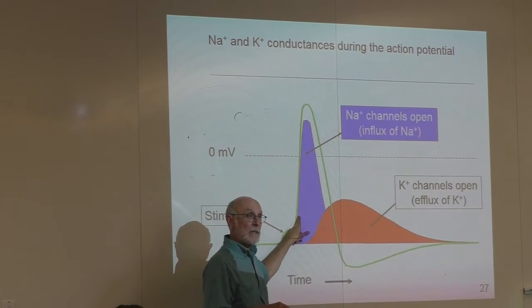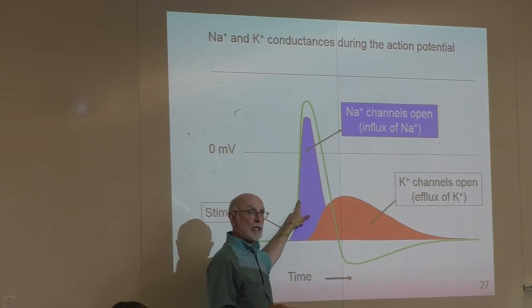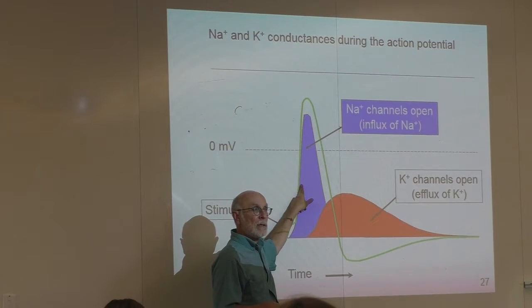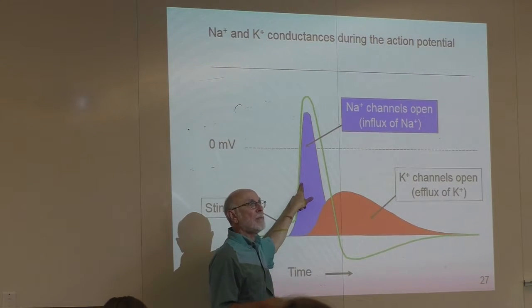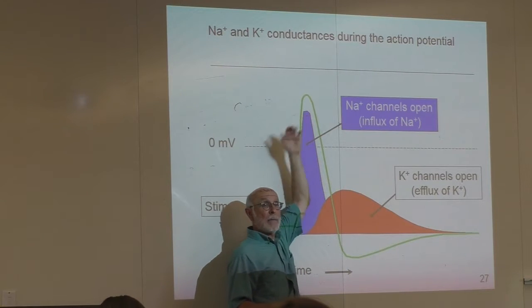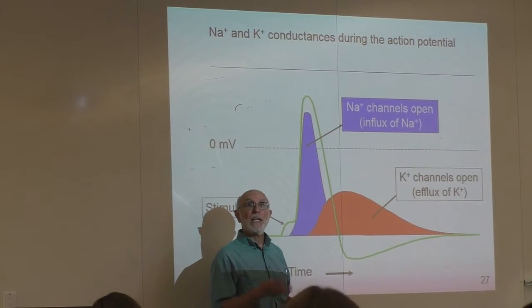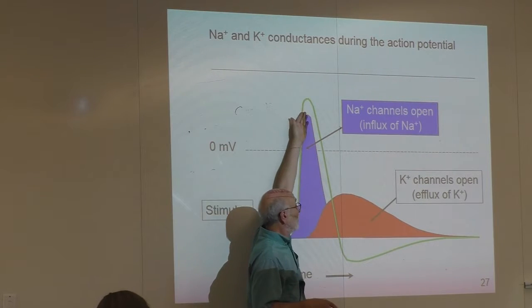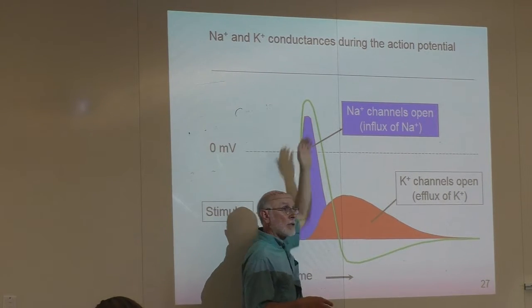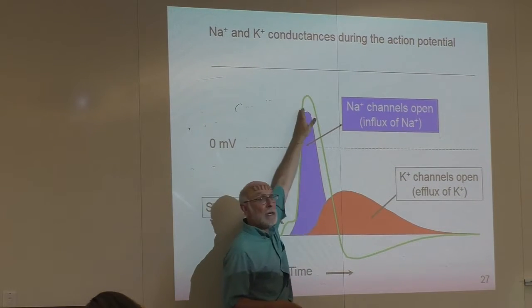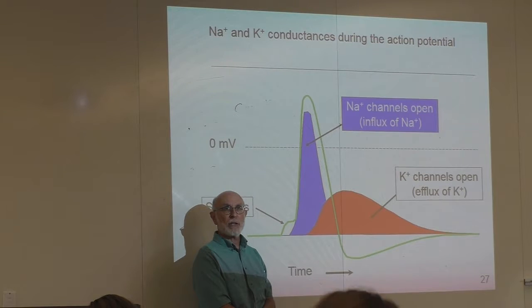That's how it is. More sodium channels open, more sodium influx, more depolarization, until a maximum activation of voltage-gated sodium channels and a maximum influx of sodium. So the voltage-gated sodium channels are responsible for this rapid upstroke of the action potential.